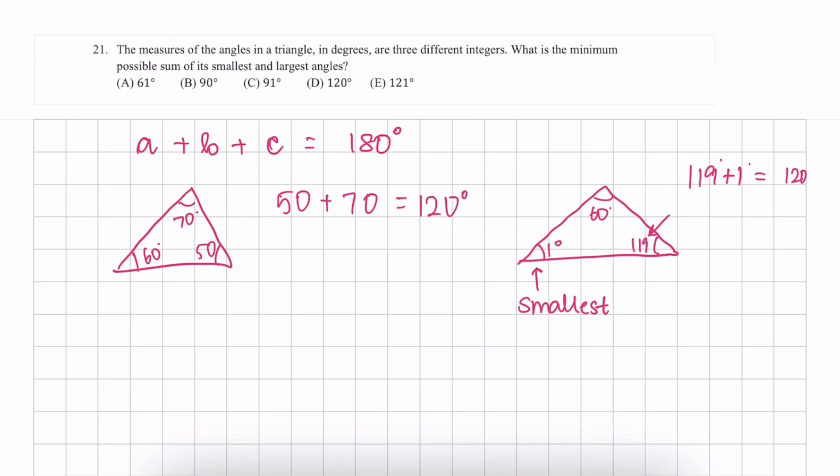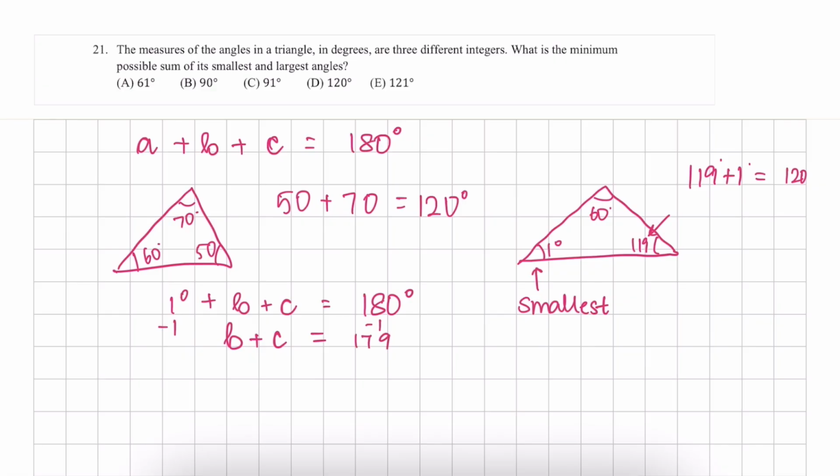Now you can keep 1 degree as it is and try bringing that 109 down as much as possible, but it does take time again. So what you could do is, let's say we have our smallest angle as 1 degree, plus b plus c is equal to 180 degrees. That means b plus c, if I subtract 1 degree on both sides, is 179.